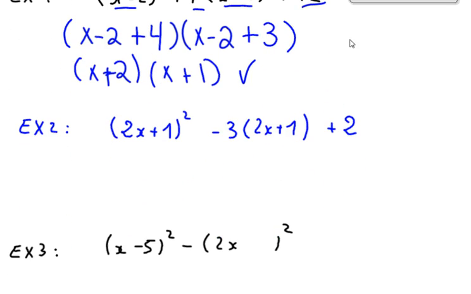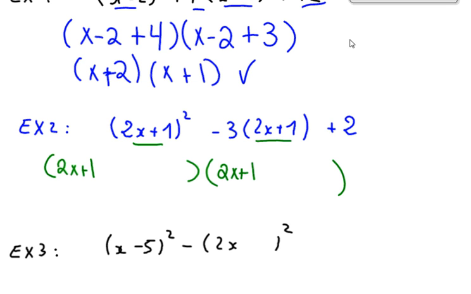We have 2x plus 1 squared, the quantity here, and the same binomial here. So again, we can treat that like an x. We can create our sets of brackets, and we have 2x plus 1 instead of just x, and we have 2x plus 1.